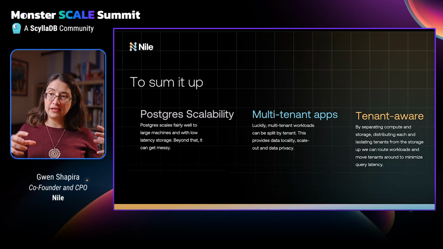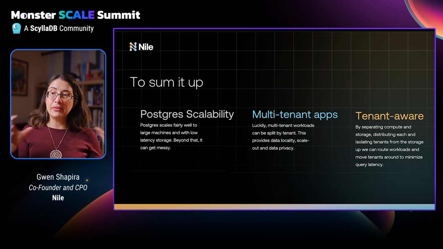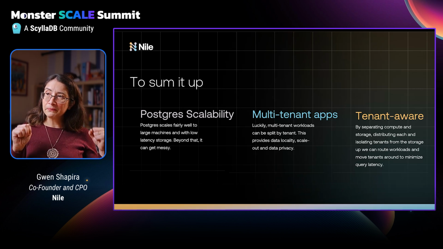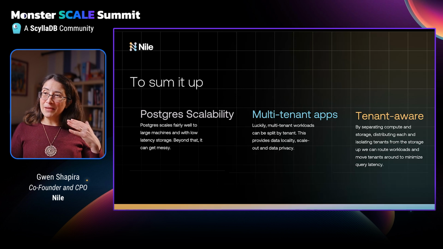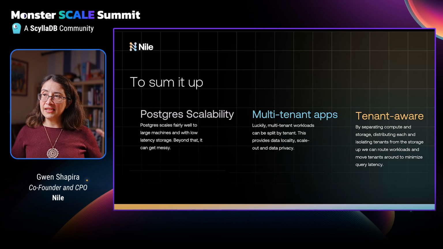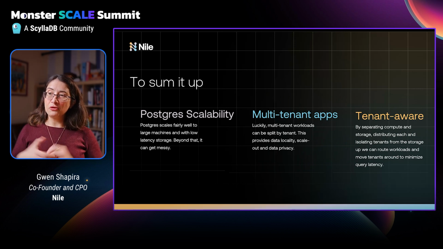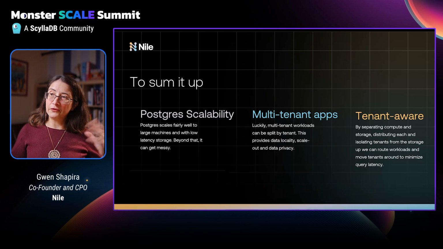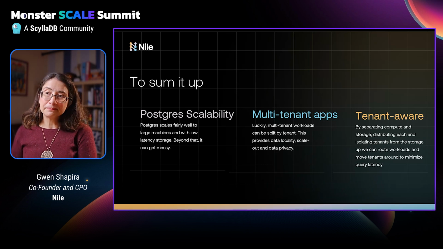They still share the same schema, and you have flexibility around how they use the compute. And by separating compute and storage, we can really distribute those isolated tenants across a cluster and have very efficient management and performance for this type of workload.